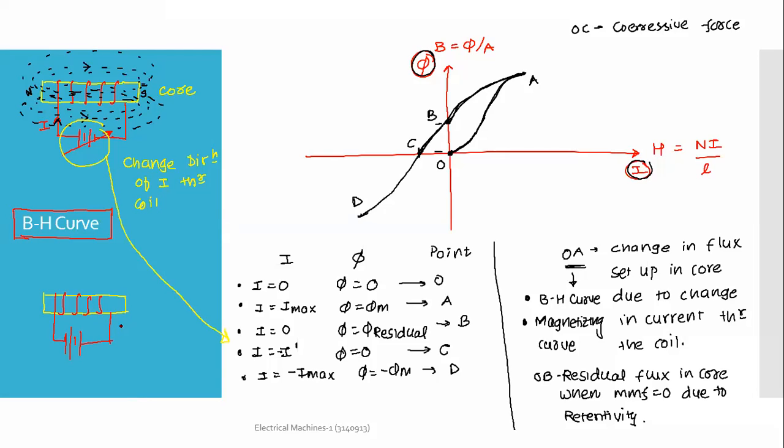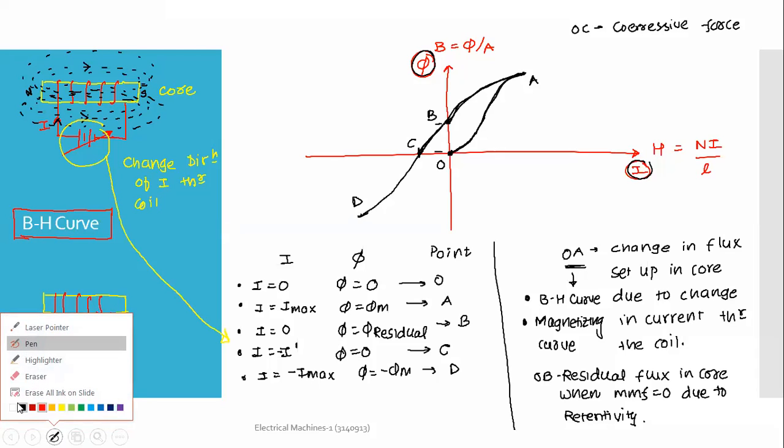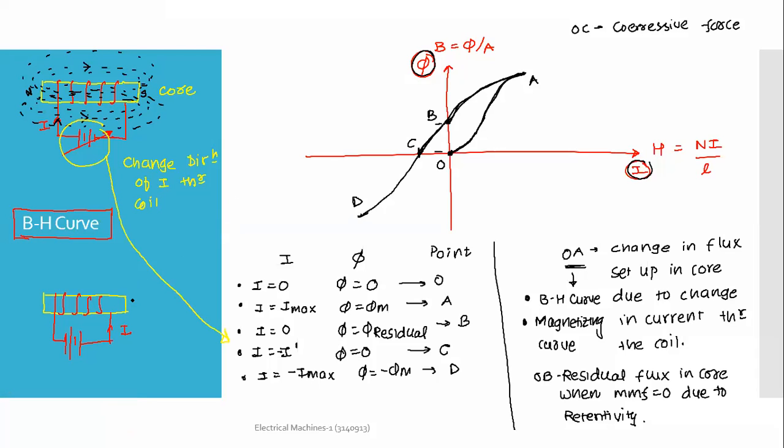So flux in the core is set up in the opposite direction. Now this acts as a north pole, this acts as a south pole, and you can see the flux lines. If we pass the current in the opposite direction till the maximum flux, that is point B.